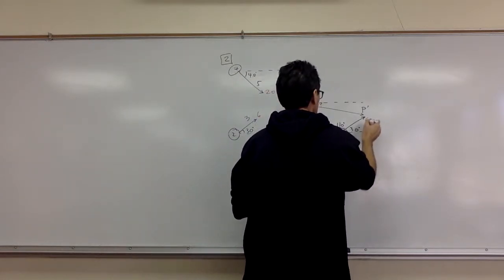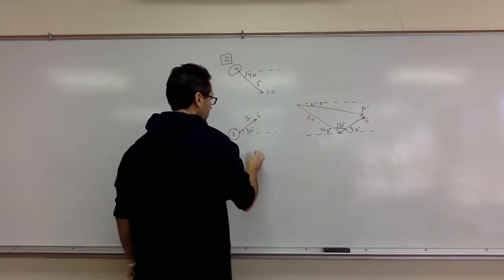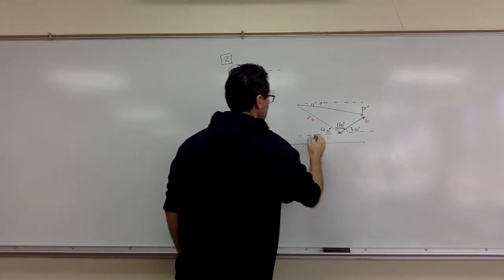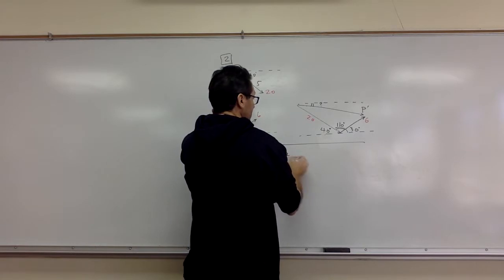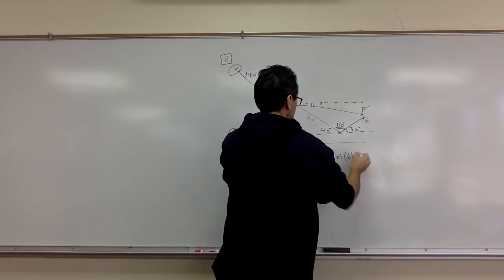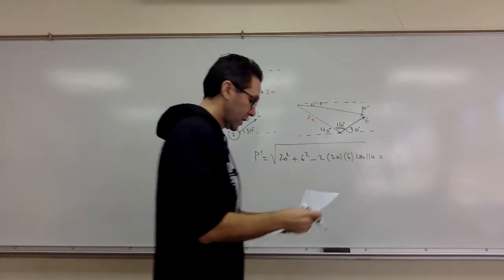This is 6 kilograms meters per second, and that's 20. Now, if you do law of cosines, you should see that P prime, I'll take the square root, is going to be 20 squared plus 6 squared minus 2 times 20 times 6 cosine of 110. And it's much, much, much quicker.